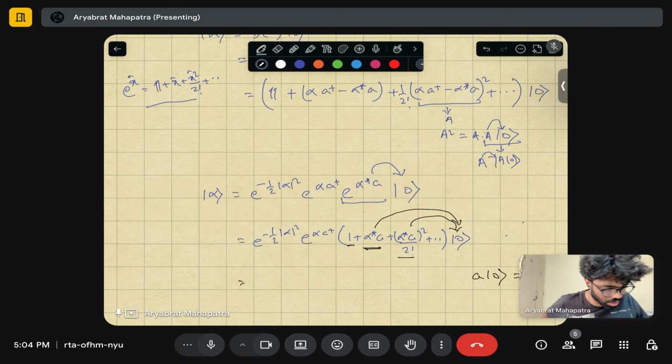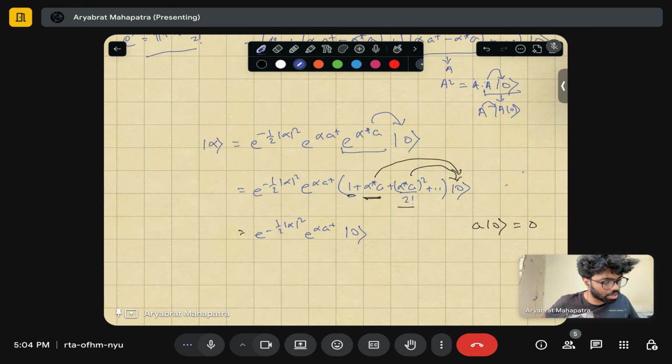So that is minus half of alpha squared, alpha a dagger, and 0, because the state 0 survives only because of this identity operator.